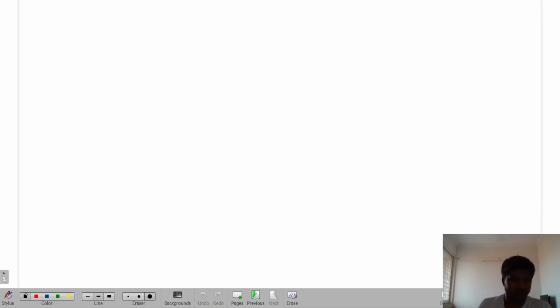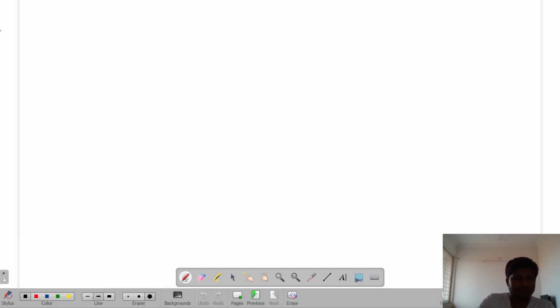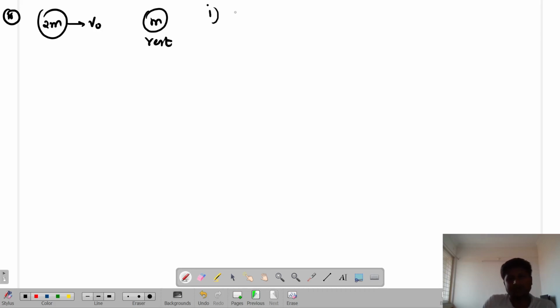Let us take one more example. There is mass 2m which has velocity V naught, and there was mass m which was at rest at that time. The question is simple. First, find the speed of m and 2m after collision.